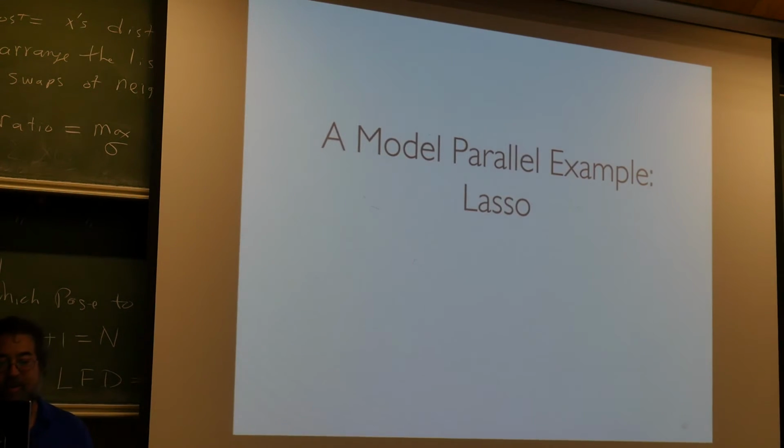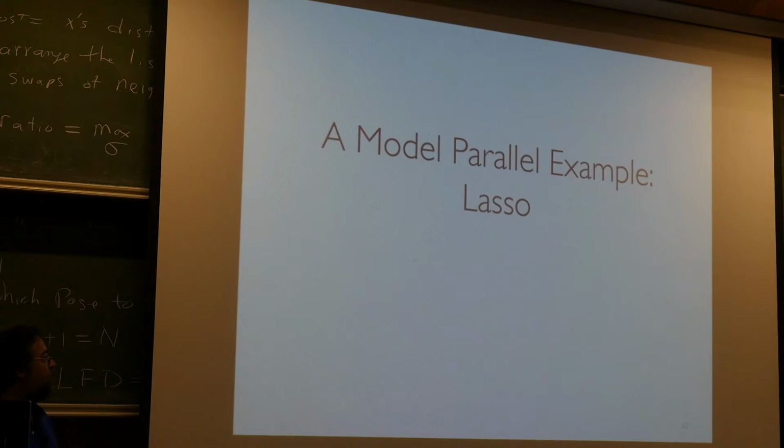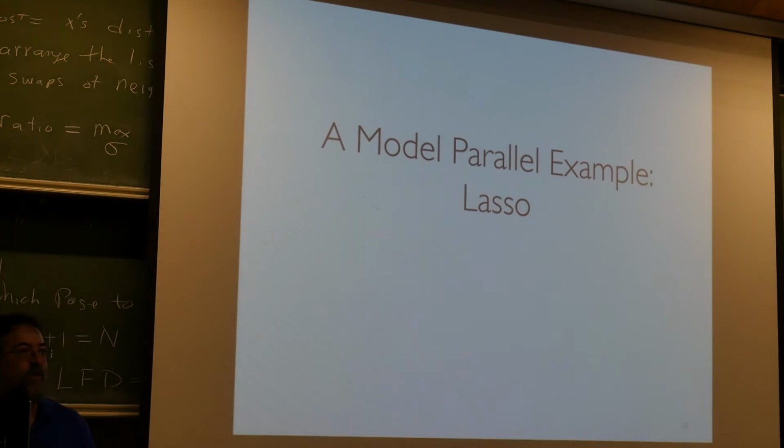So here's the complicated example. This one is model parallel. This is a case where what we're doing is sharding instances instead. I allocated a bit of time to talk about this because we haven't really talked so far in this class about this sort of parallel machine learning.